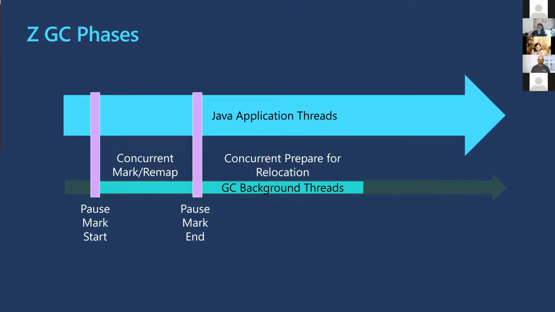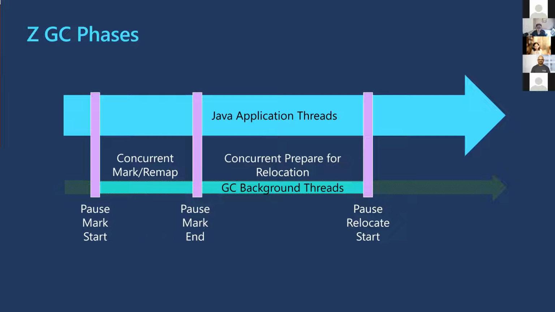And then there is something different. Up until pause mark start and pause mark end, we're talking about something similar to G1GC. But remember, I said that the partial compaction is achieved via the concurrent process. Because we're trying to do this concurrently, we have this concurrent prepare for relocation phase, where we figure out our collection set, or how ZGC calls it, relocation set, right?